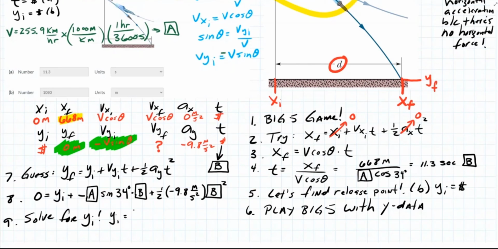Okay, 1080 and some change. And that is the answer to the part. That's the release height. That is the decoy's release height.